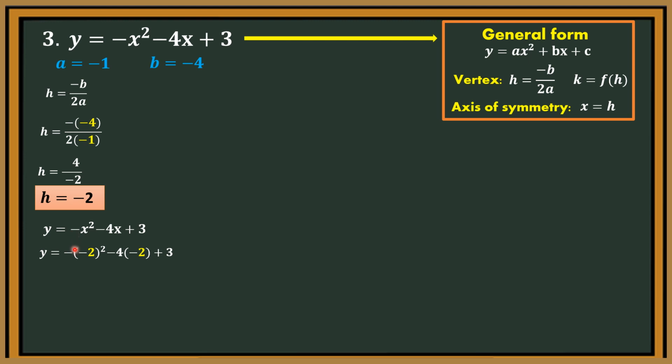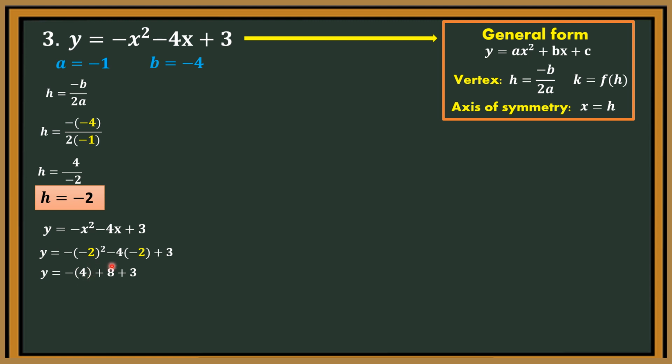So, negative, copy lang. Si X, pinalitan na ng negative 2. Squared minus 4, si X, negative 2 na. Plus 3. Then, simplify muna natin yung nasa loob. Y is equal to negative 2 squared, that is positive 4. So, paano naging positive 4? Negative 2 times negative 2, that is positive 4.